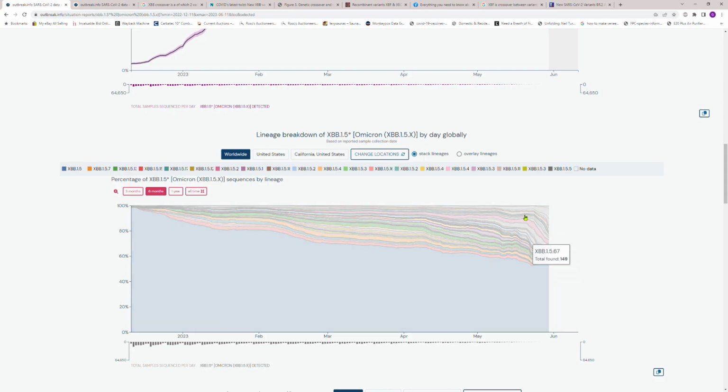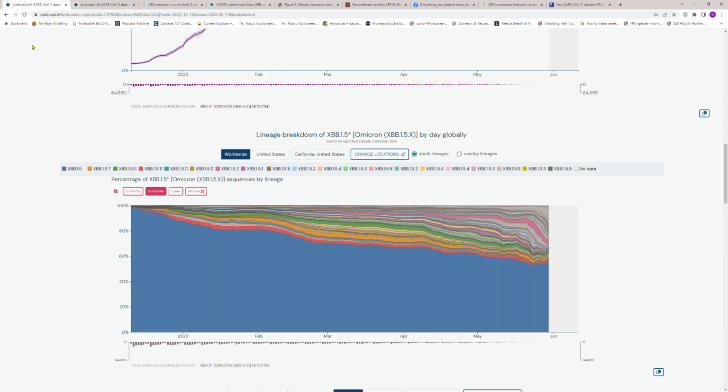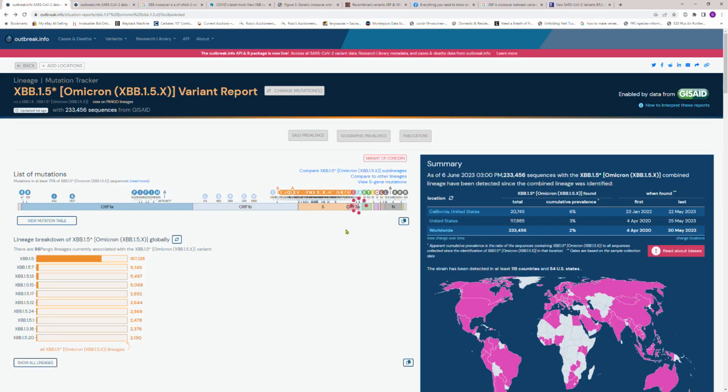So one of these is going to basically replace that one, and then a new one will emerge. And we're actually now at a situation where we may get a crossover between two crossover variants. So I guess we're going to have to start using names like XX because we've had crossover twice.